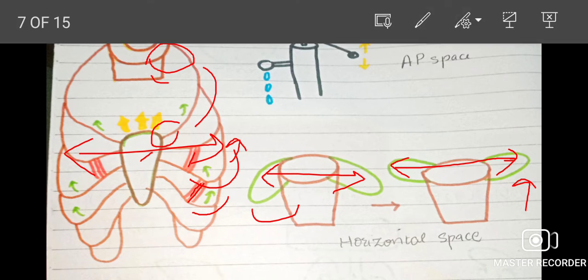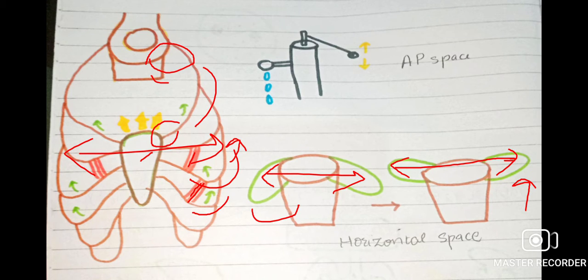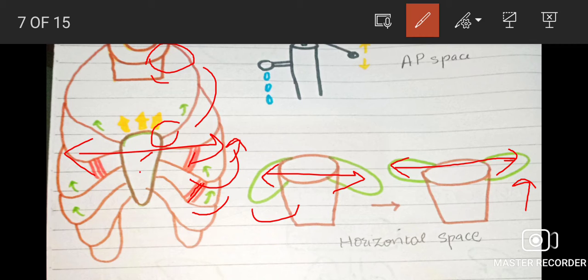Here I have drawn a hand pump, which when moved up and down, water comes out, and this is like the way the sternum moves upward. Here this is the sternum. The yellow arrows show how the sternum is being moved upward, and we gain the anterior-posterior space.